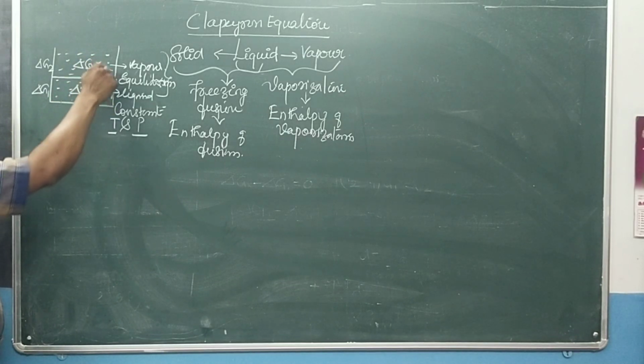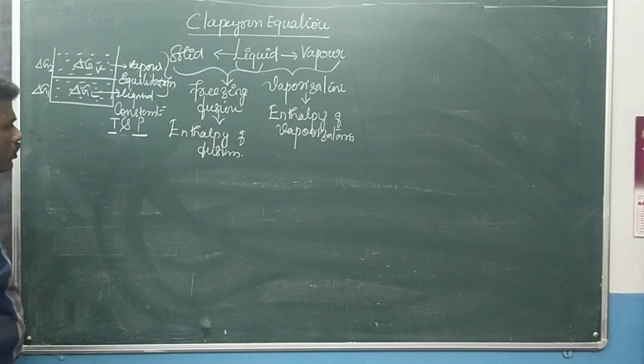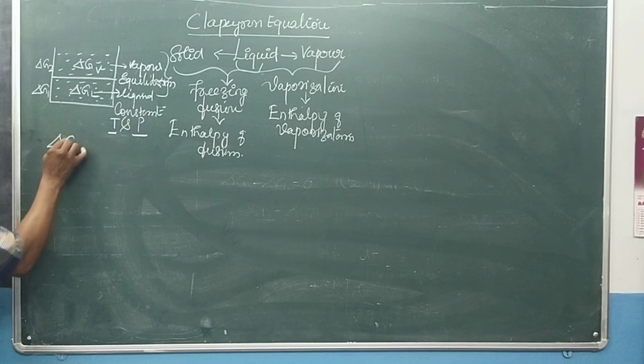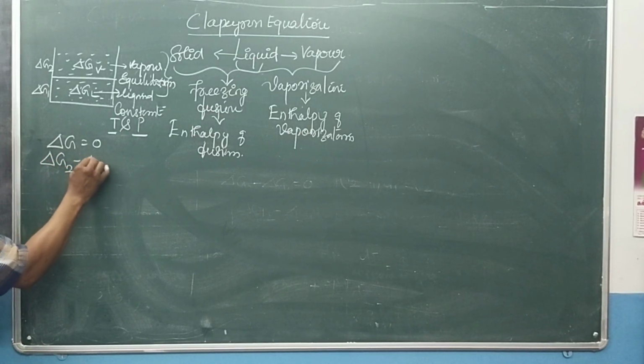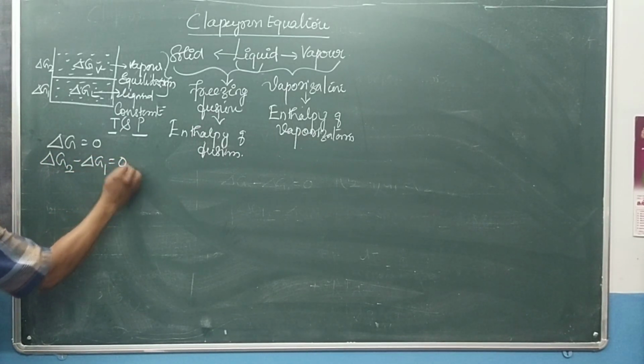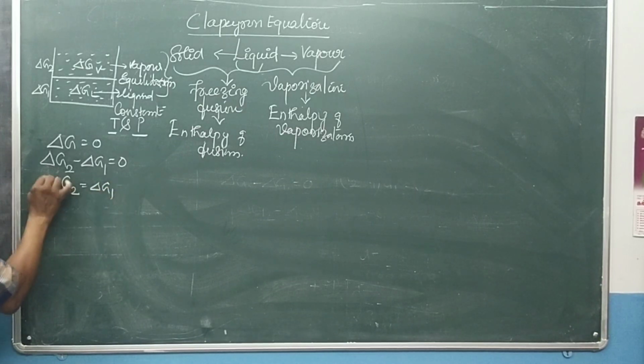Since both phases are in equilibrium condition, the free energy change becomes zero. Total change del G is equal to 0. Or I can write del G2 minus del G1 is equal to 0. The same equation can be written as del G2 is equal to del G1.